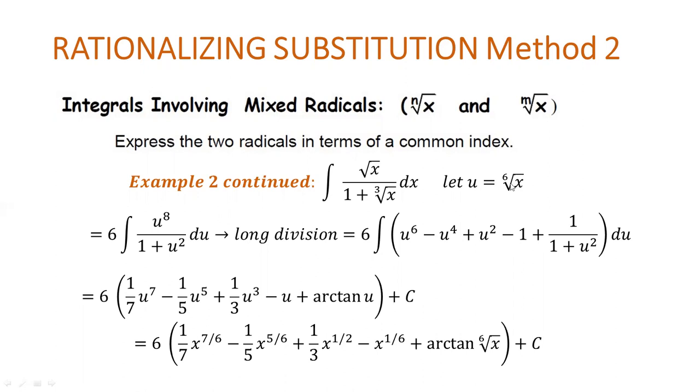So your u is x raised to 1 over 6, or raised to 7 will be x raised to 7 over 6, and so on and so forth. You change all the u's to the sixth root of x, or x raised to 1/6. Okay? This is how we perform substitution to be able to rationalize an integral expression.